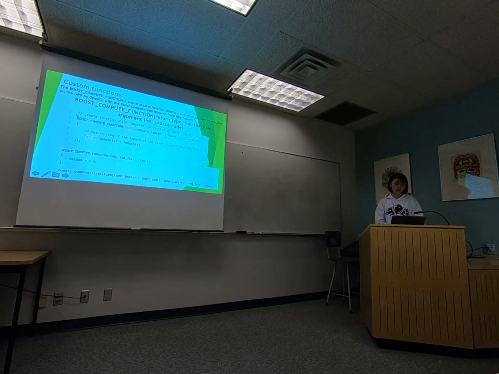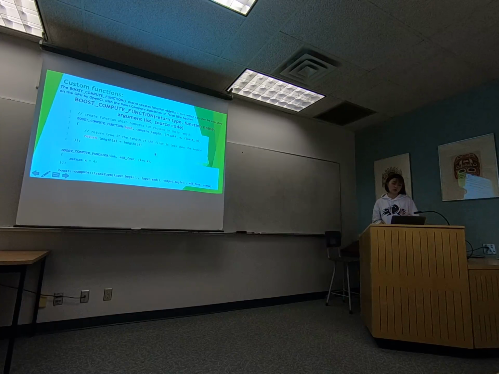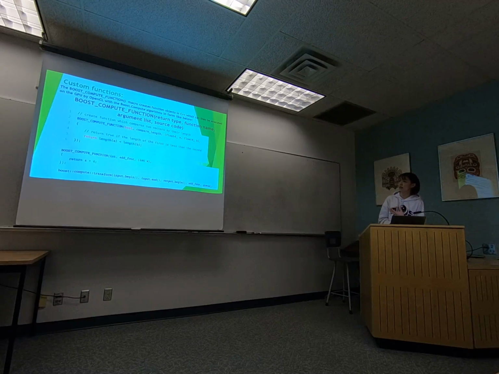You can see in the example, BOOST_COMPUTE_FUNCTION is the macro command, and bool here is the return type, and compare_lengths is the function name. The float a and float b is the argument list. And here is the source code. So this function returns true if the length of the first is less than the second.